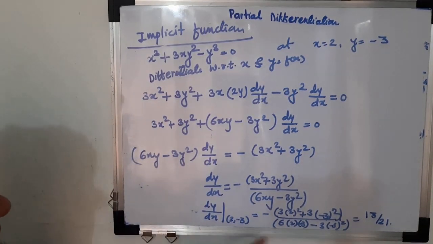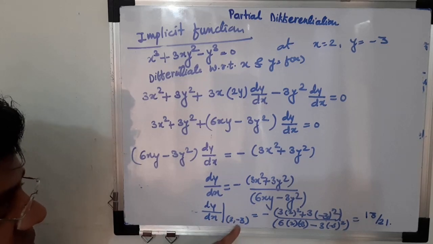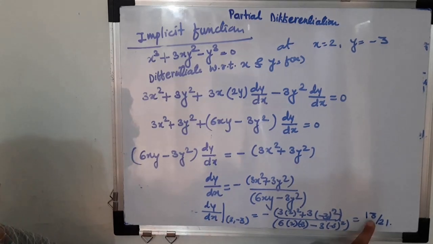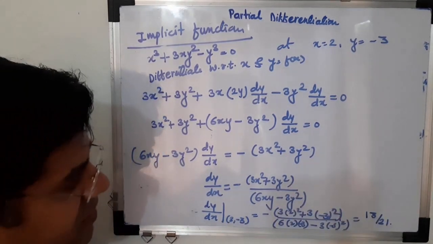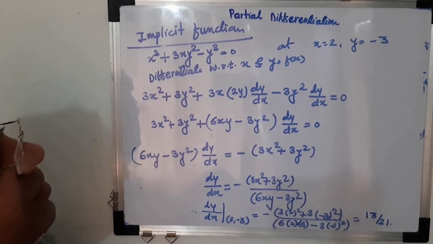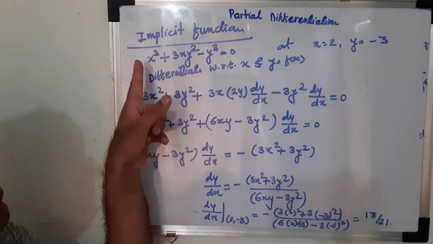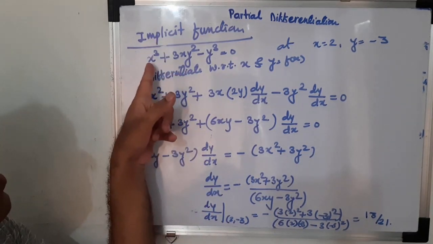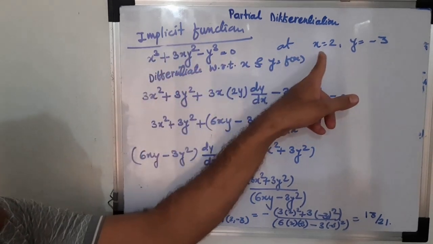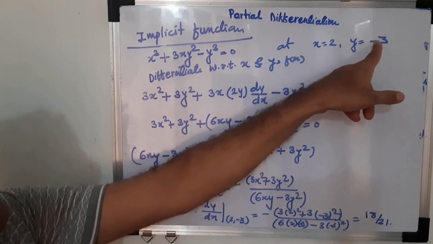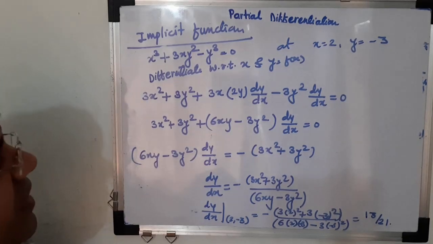Basically this indicates the slope of the tangent line at this particular point, and it is positive, so obviously the curve is increasing there. So this is one way: use of implicit function to find the slope of a tangent to a particular curve, where the point is given, only differentiate and substitute.